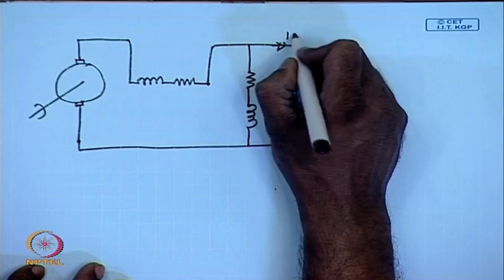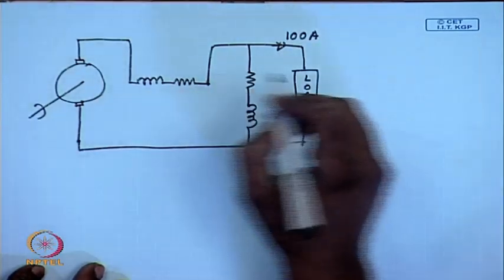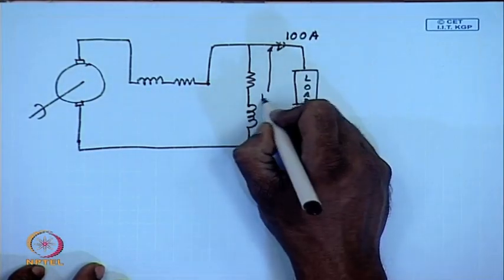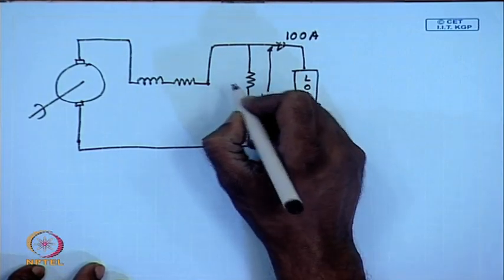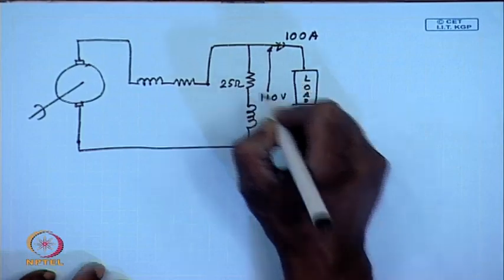This current is 100 ampere, this voltage is 110 volt, this resistance is 25 ohm.